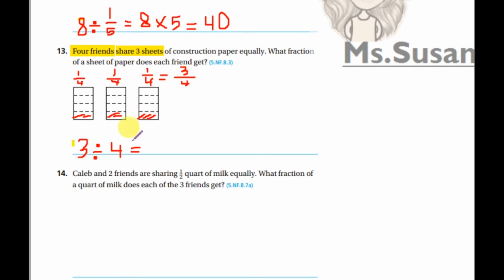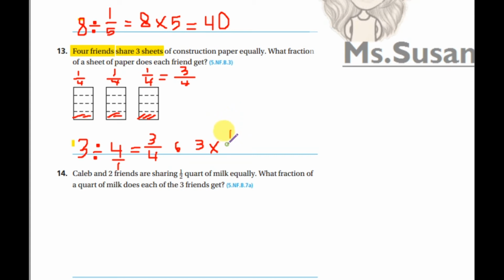Or you just write the sentence as it is. 3 over what is divided by 4. So you can write it like that. Or flip it and convert it into multiplication. So it would be 3 multiplied by, this is 4 over 1, so it will convert to a fraction.